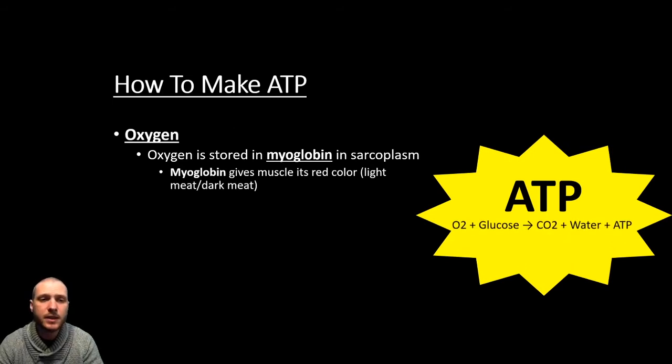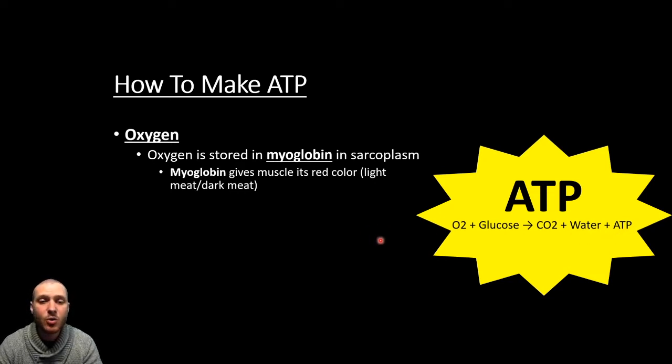So how do we make ATP then? The 2 main components are going to be oxygen and glucose. After they go through the entire process, our leftover products are going to be CO2, which we breathe out, and we're going to create water molecules as well as the resulting ATP that the cells can use.